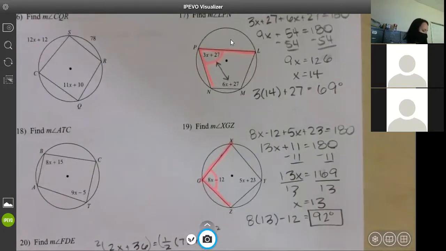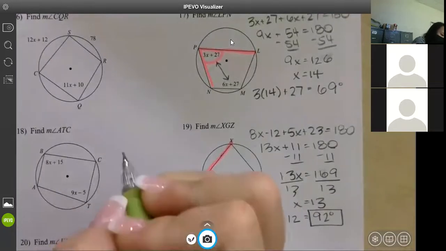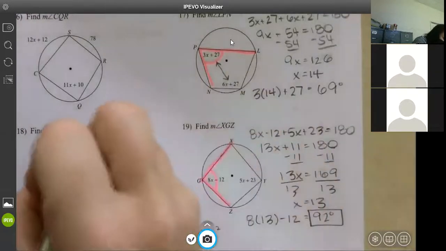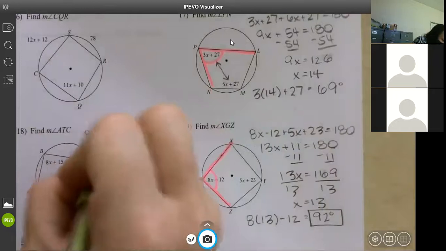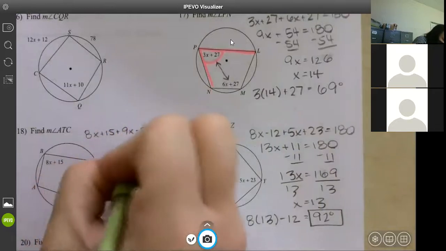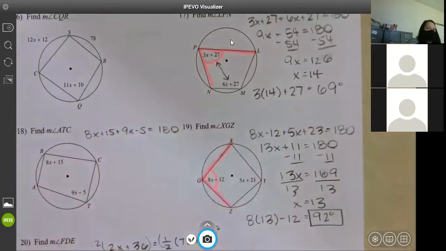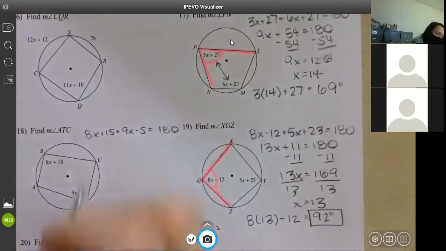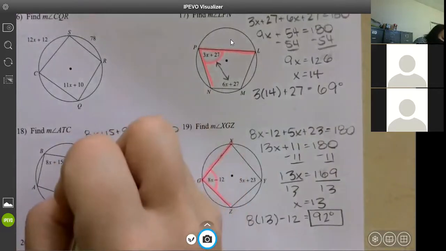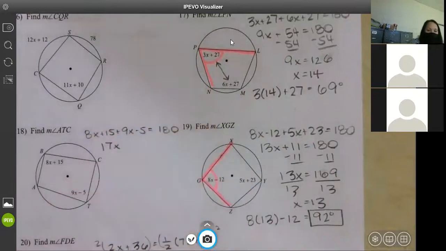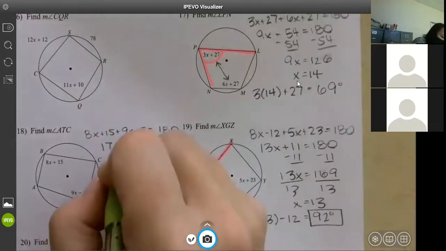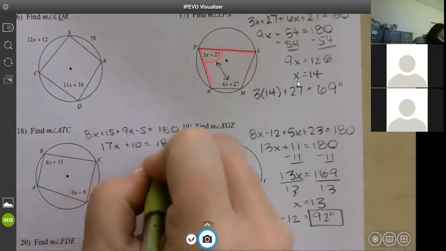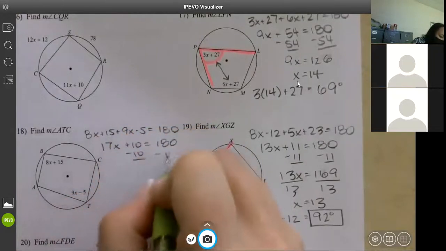How do I set up 18? Add, set equal to 180. 8 plus 9? 15 minus 5? 10. Subtract your 10.